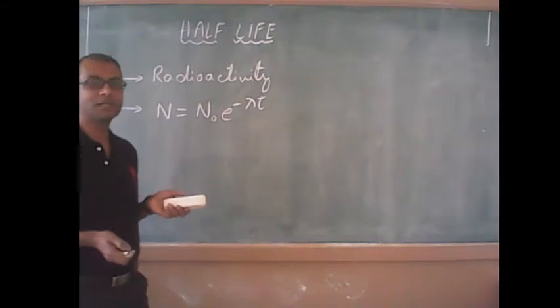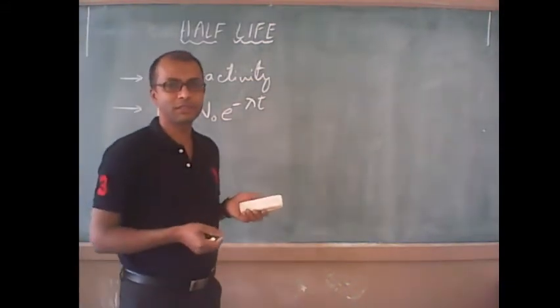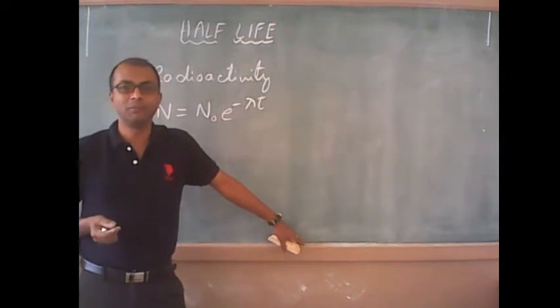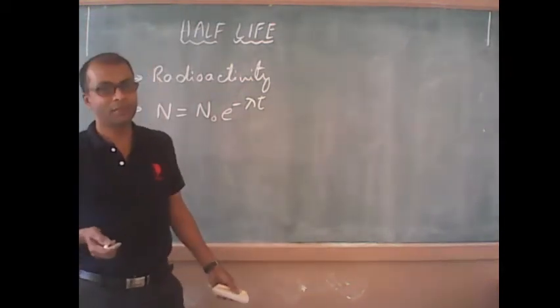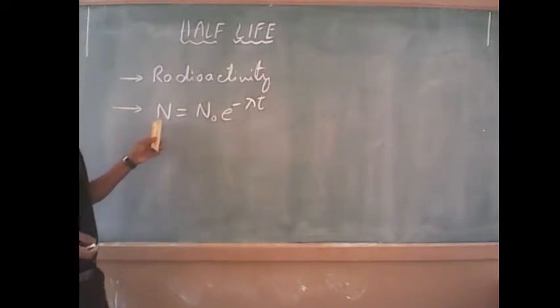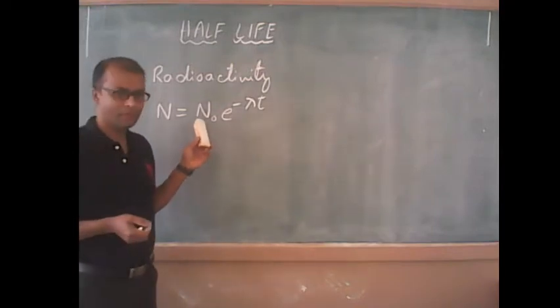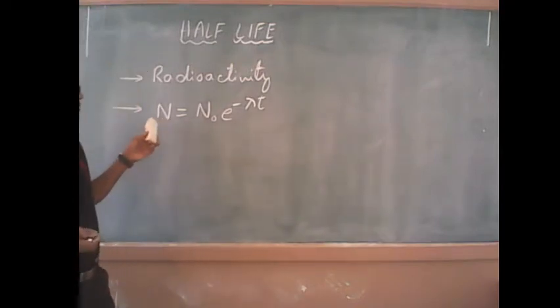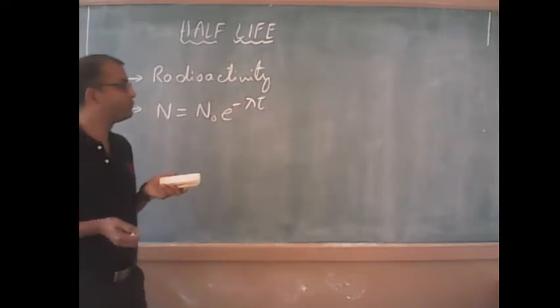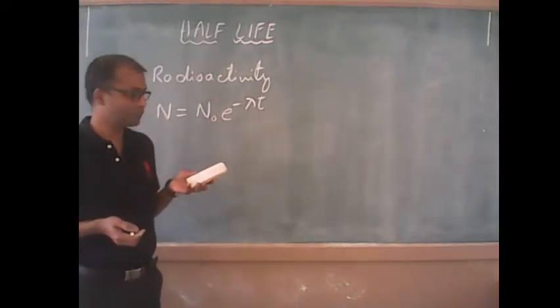Three kinds of particles and radiations are emitted in the process, as we discussed in the last class. If you remember, we talked about the emission of alpha particles, the beta particles, and the gamma radiation. Then we discussed the laws of displacement and the laws of radioactive disintegration. So radioactivity is a phenomenon which obeys certain laws.